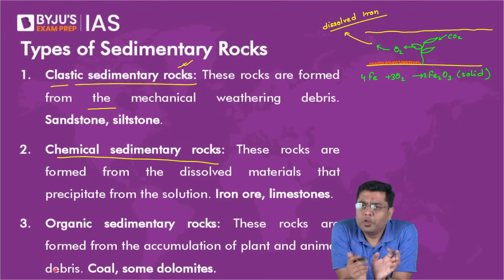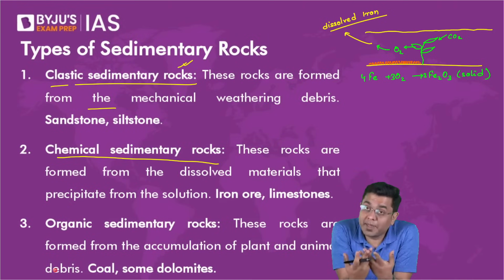Now, there you have to first of all elaborate upon what you understand by primary rock. So, how are they created? They are created by the solidification of molten materials. Then you have to elaborate with the help of the image that the solidification can happen either on the surface or in the interior. When it happens on the surface, what happens to the crystal size? When it happens in the interior, what happens to the crystal size?